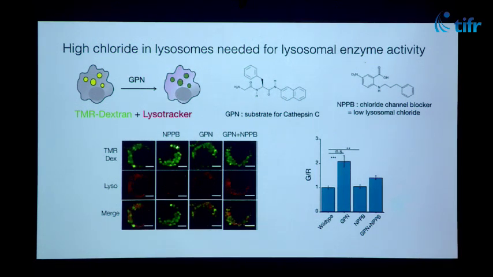And what we showed was that if you reduce chloride, the capacity of the enzymes that are present inside the lysosome to function is compromised. This happens to certain enzymes, and it's not across the board. Only some enzymes are chloride sensitive. And that was our basic finding.